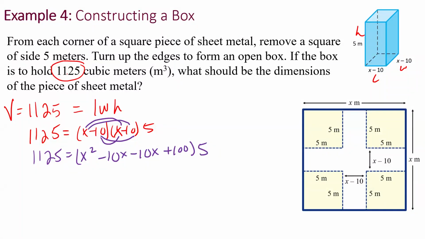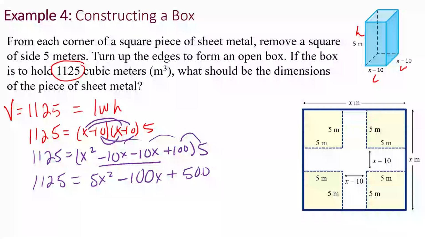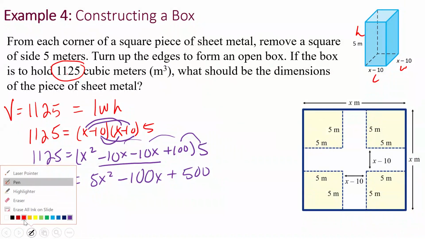I need to distribute the 5. So everyone's going to get you get a 5, you get a 5, you get a 5, you get a 5. So we have 1,125 equals. As I distribute my 5, is it okay if I combine the like terms in the middle? Yes. So we have 5x squared minus 100x plus 500.